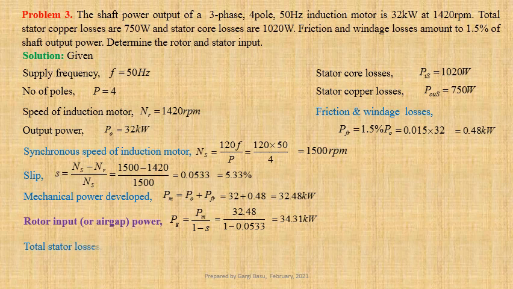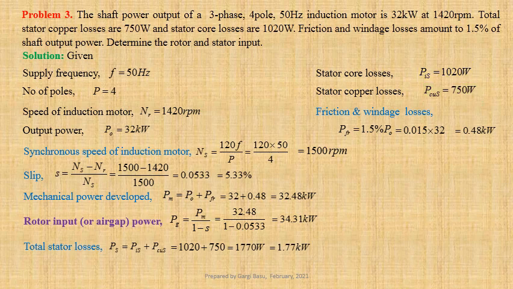Total stator losses Ps equals P_IS plus P copper S, that is equal to 1020 plus 750, that gives us 1770 watt or 1.77 kilowatt.